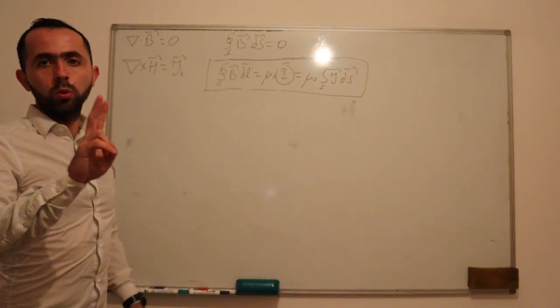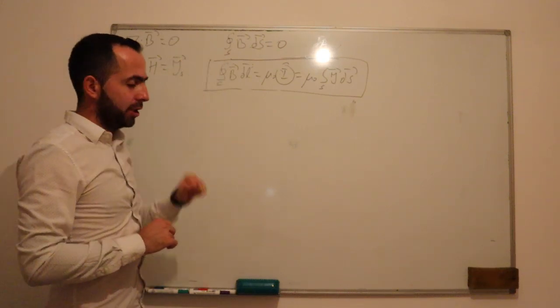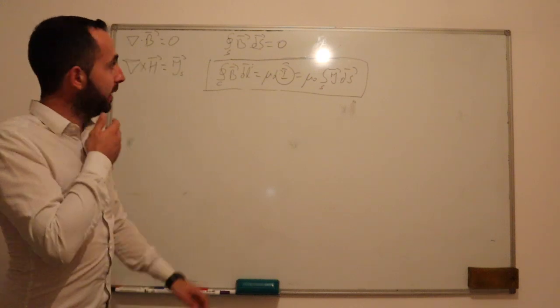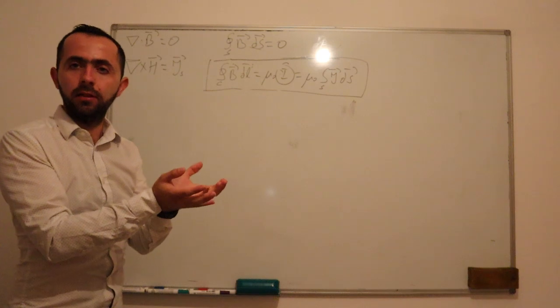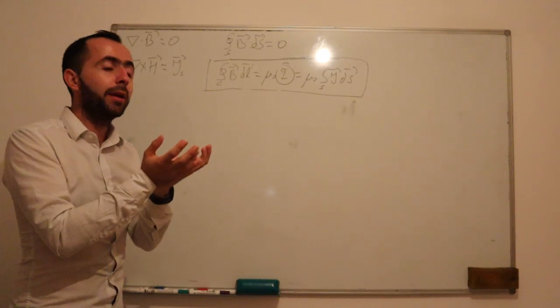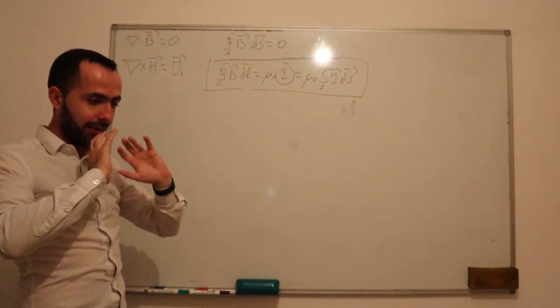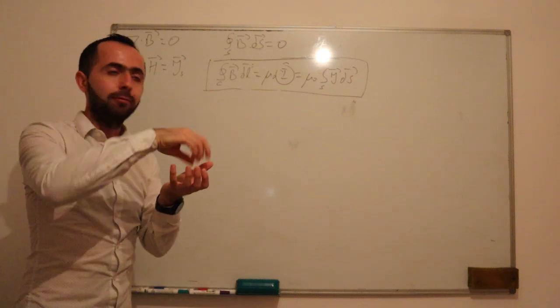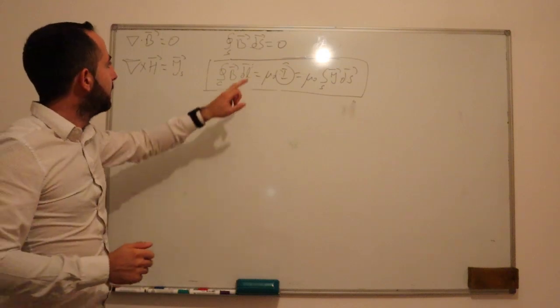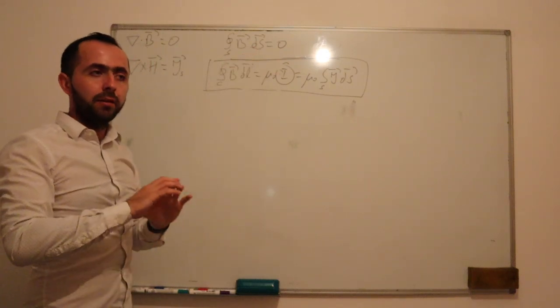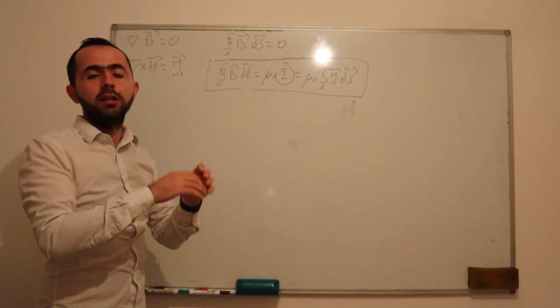Here we have two equations. The first equation says that the integral over a closed surface, and with a closed surface we get a volume, so we are analyzing some volume, of B dS is equal to 0. This dS is an infinitely small surface.